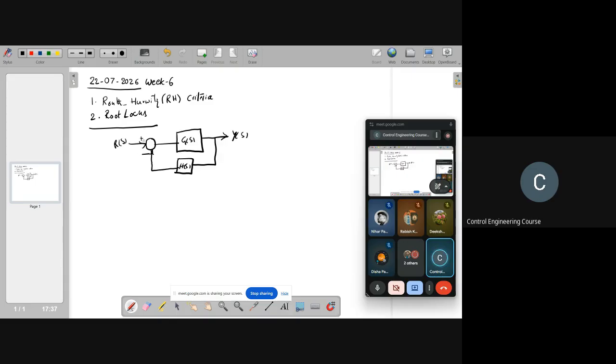So how do you compute the stability of the system? How do you know whether a given system is stable or not? By first calculating the closed loop transfer function, whether it is unity feedback or non-unity feedback. That means H(s) is 1 in case of unity feedback.